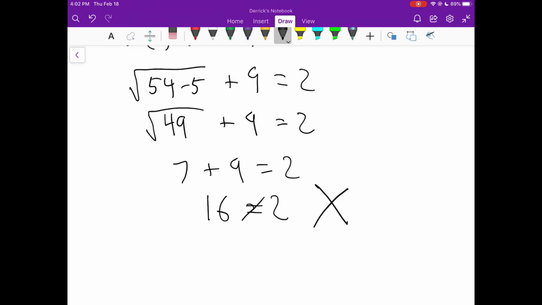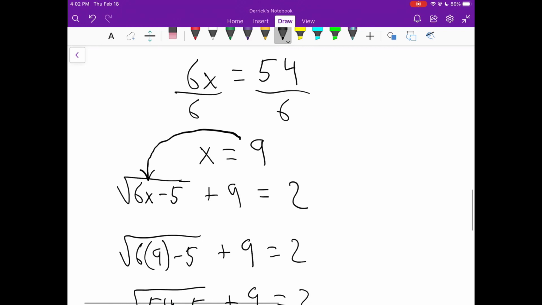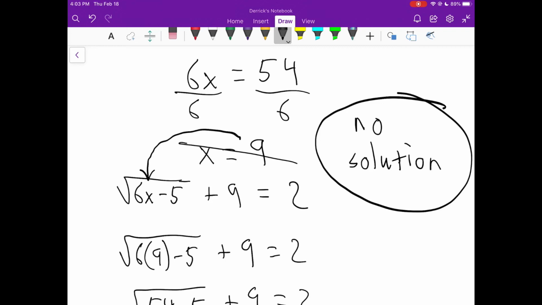Since that is a false statement, since 16 does not equal 2, it turns out that x equals 9 doesn't really work out. Since that's the only answer that we were able to find algebraically, we are forced to give an answer of no solution for this problem, because the only number we were able to find algebraically did not actually work out. So this equation must simply have no solution.